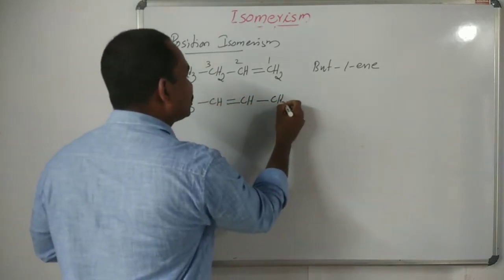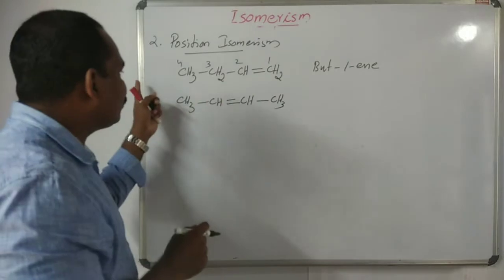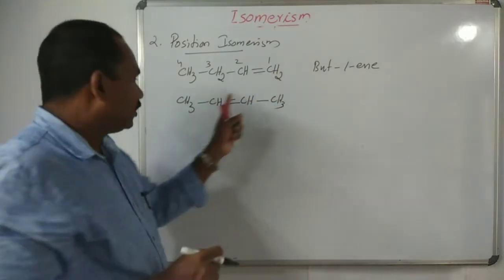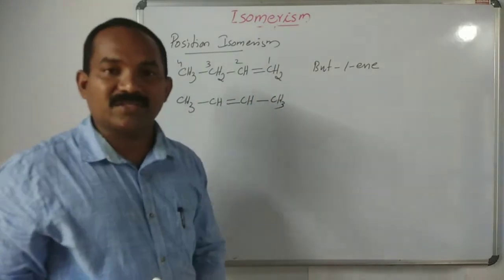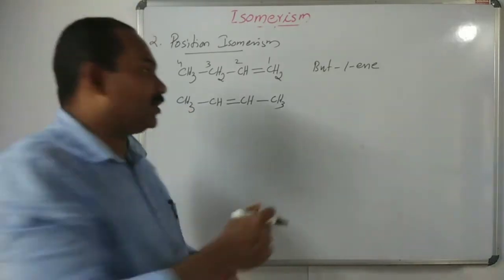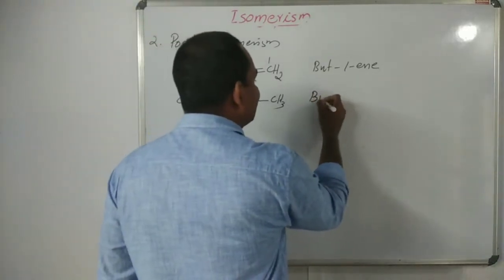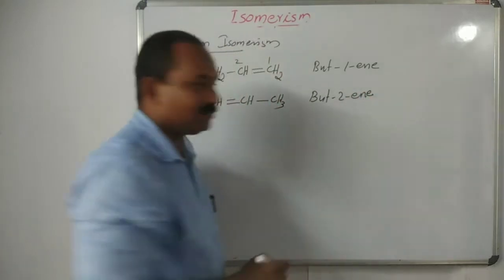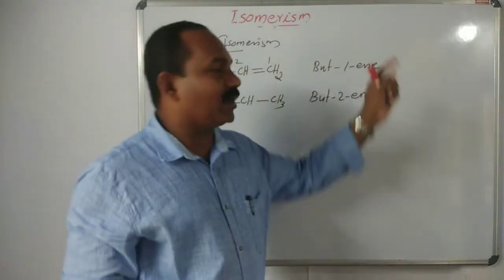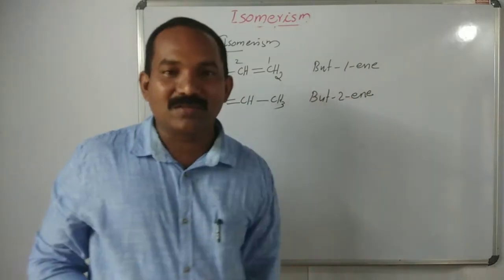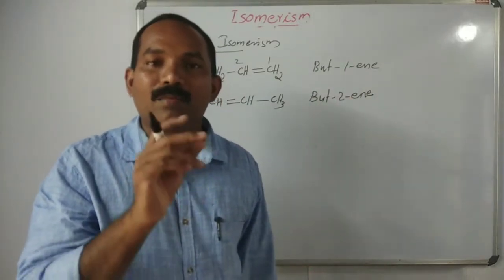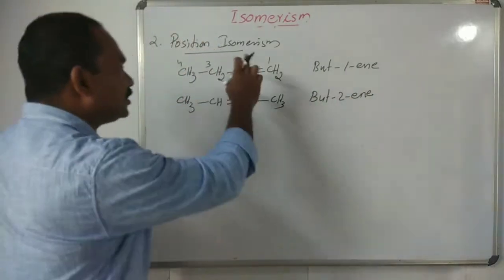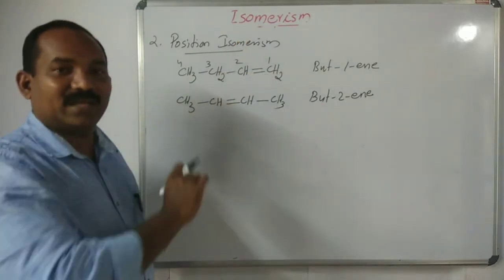The chain is the same, 4 carbon atoms in the chain. Here also 4 carbon atoms in the chain, but the position of the double bond is changed. But-1-ene, but-2-ene. So this is position isomerism.